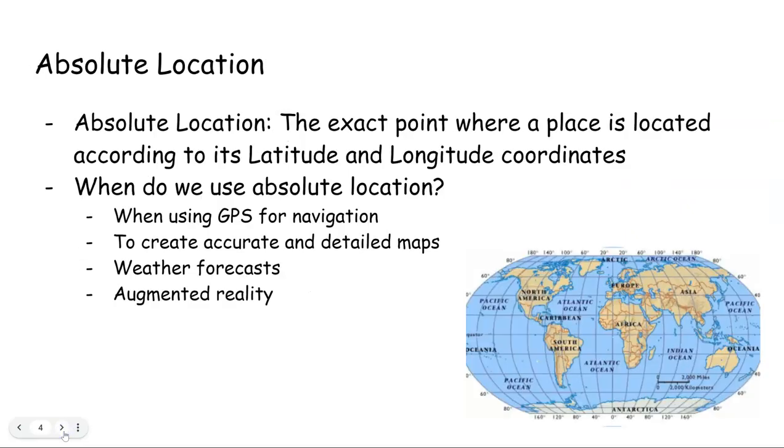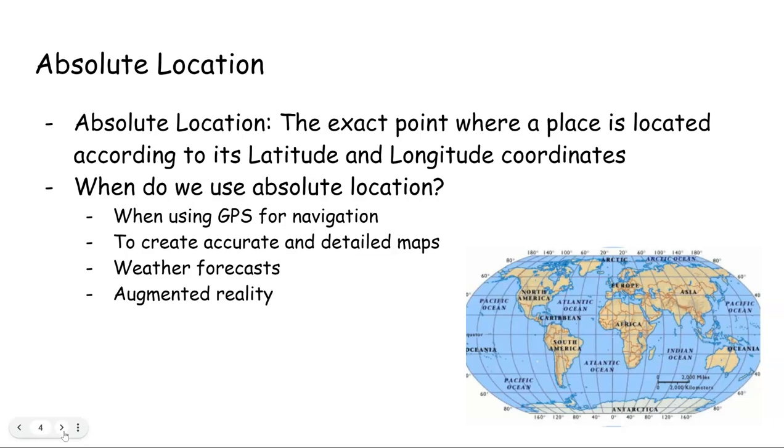Okay. So, absolute location. Absolute location is defined as the exact point where a place is located according to its latitude and longitude coordinates. Like I said earlier, just like in math class when you use a coordinate plane, you have those x and y coordinates, and that helps you find out exactly where on the coordinate plane you should be placing your coordinate mark. That's exactly what we're going to do here with our longitude and latitude lines.